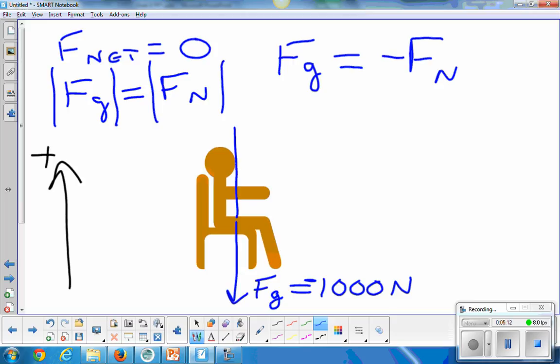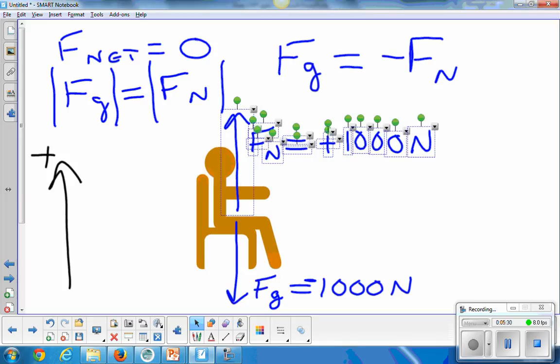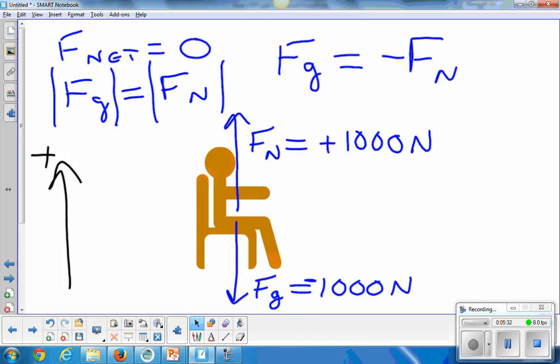And then we also have the normal force. And if that's going up, and we said, okay, let's call it a positive, that's going to be positive 1,000 newtons. You usually don't write the plus sign, but I'm just using it to make a point. So of course, if I add 1,000 newtons to negative 1,000 newtons, the result, of course, is that F net equals 0. And that's exactly what we have.